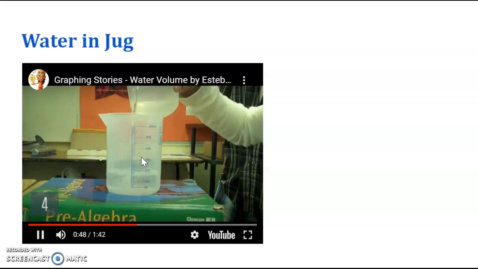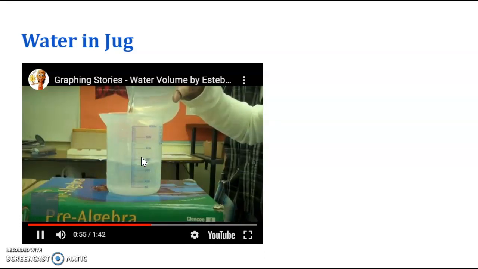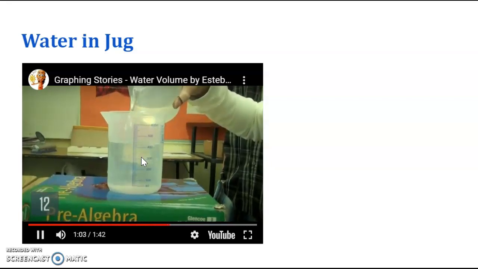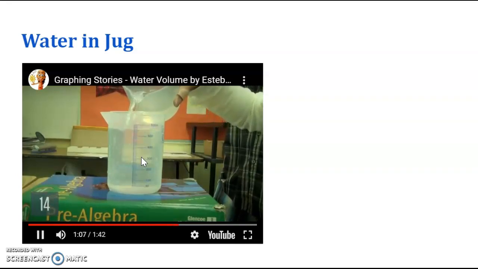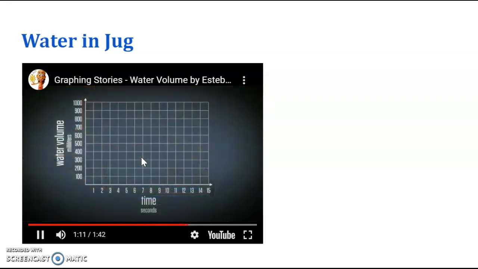Okay, look what's happening at time 5 seconds. How far is it at 6 seconds, 7 seconds, 8 seconds? That's where they are after 8 seconds. 9 seconds, 10 seconds, 11, 12, 13, 14, and 15 seconds, and that's where they stop.